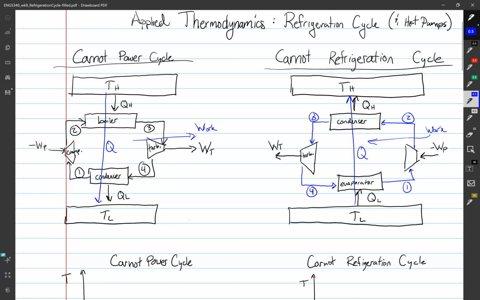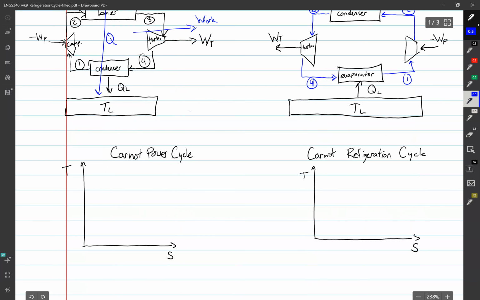I'm going to erase that just so I'm not muddying up the picture. We'll erase those last drawings. So again, we're not confusing it with the picture we have there at the right. The way that we've looked at these cycles a lot is on a TS diagram.